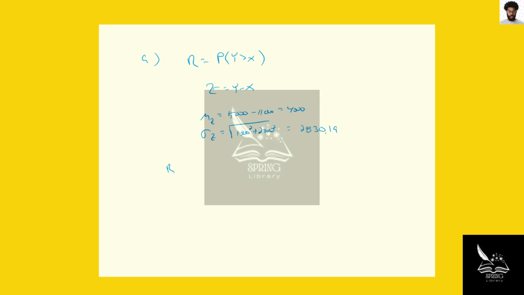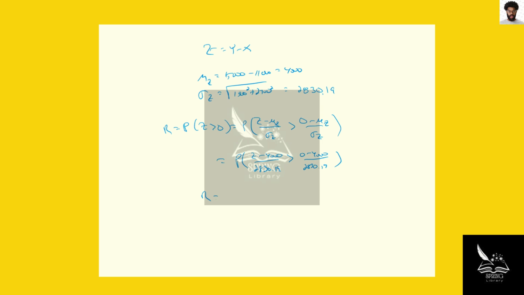And now, R is equal to the probability that Z is greater than 0. That's the probability that (Z minus the mean of Z) over the standard deviation of Z is greater than (0 minus the mean of Z) over the standard deviation of Z, which is the probability that (Z minus 4,000) over 2830.19 is greater than (0 minus 4,000) over 2830.19.